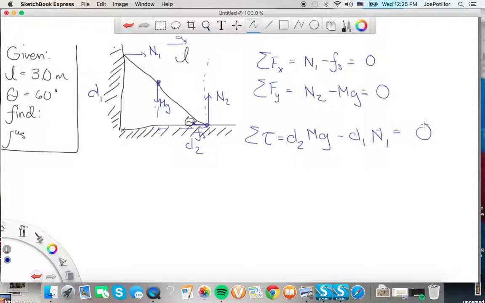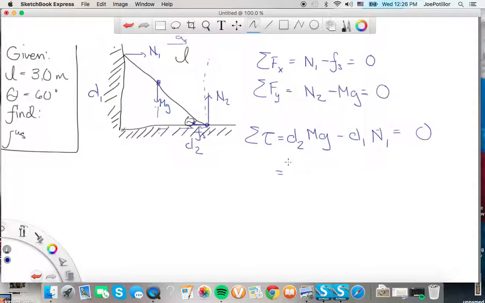Now, from here, d1 and d2 we made up. So in order to get d1 and d2, we have to get them with respect to the length of the ladder. So d2 here is 1/2 the length of the ladder times cosine of the angle here, theta.